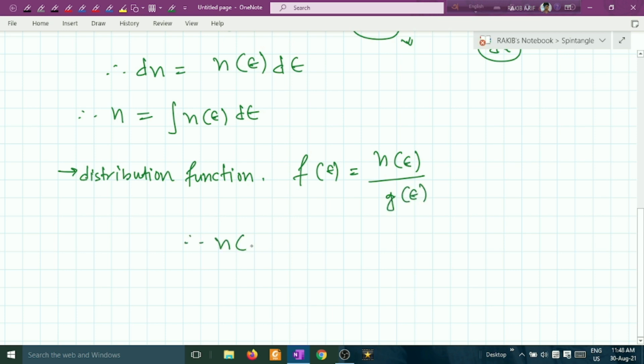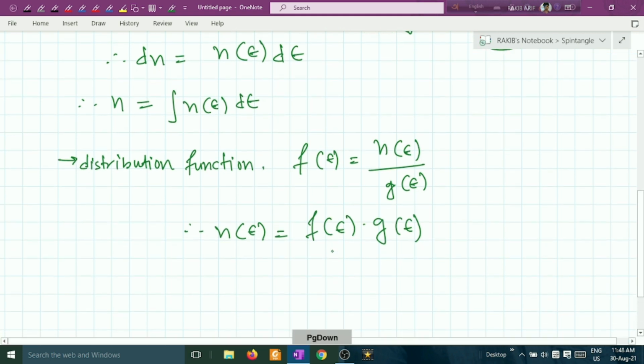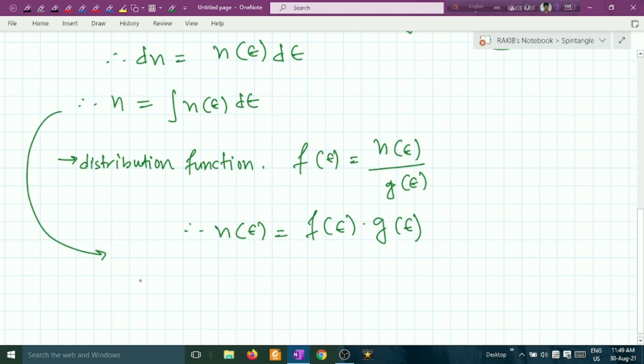Therefore n(E) equals f(E) times G(E). Now the number of particles becomes N equals integration f(E) G(E) dE.